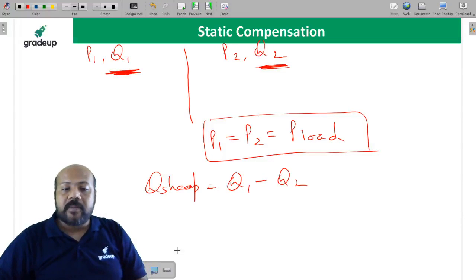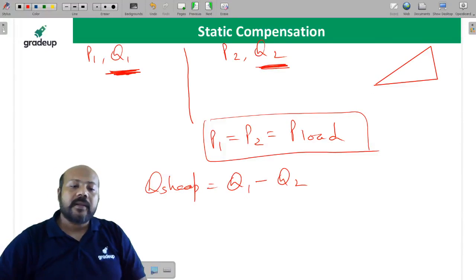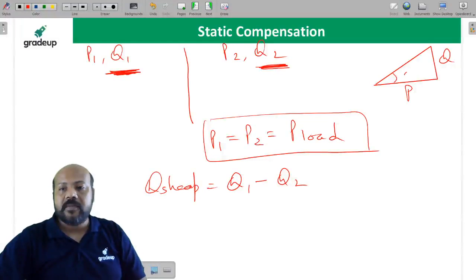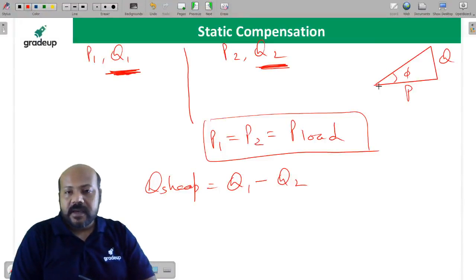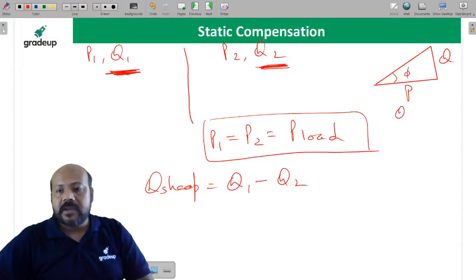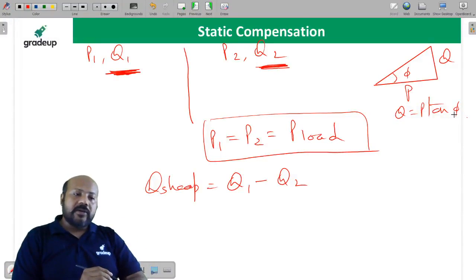Now if you go to the power triangle, how are you going to draw the power triangle? If this is real power, this is reactive power, this is the power factor angle, you can say, can you write Q is equal to P tan phi? Yes or no? Can you write Q is equal to P tan phi?